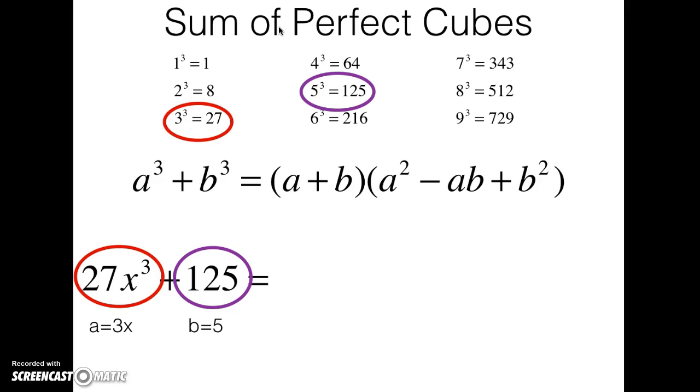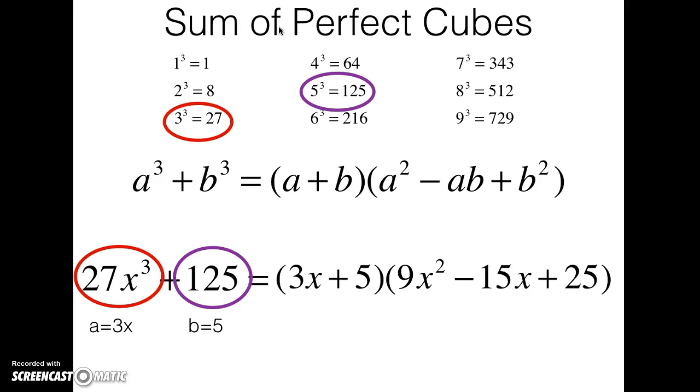Anywhere we see a b, we're going to plug in 5. 3x plus 5, parentheses, 9x squared minus 15x. The negative 15x comes from 3x times 5, plus 25. And again, don't forget to square the 3 for your a squared term.